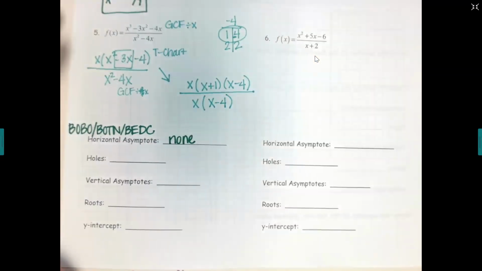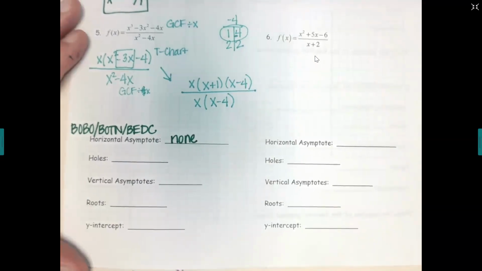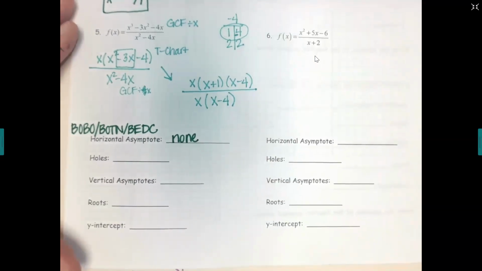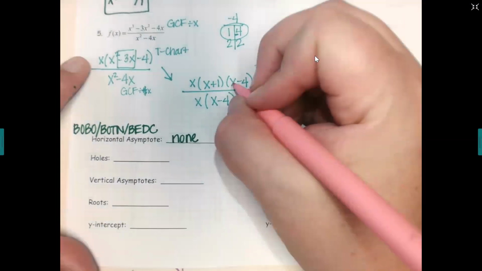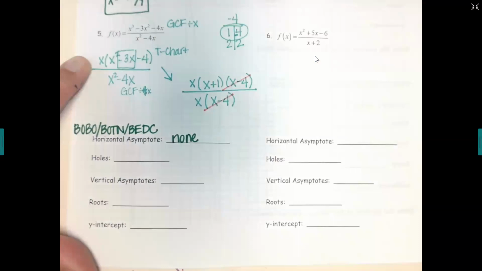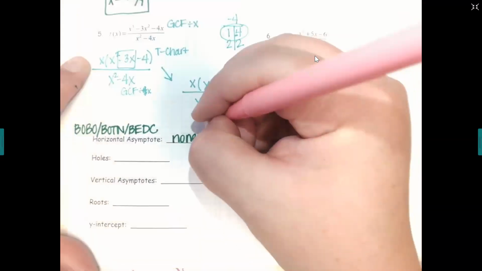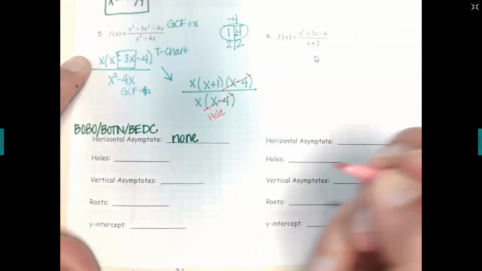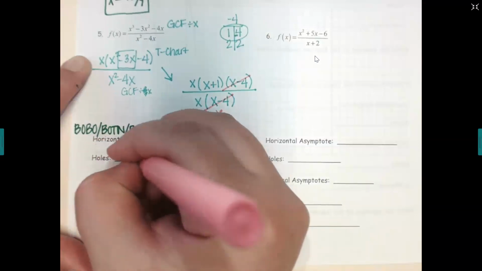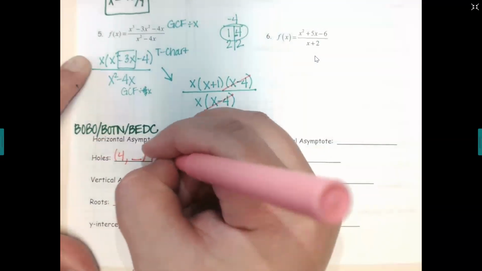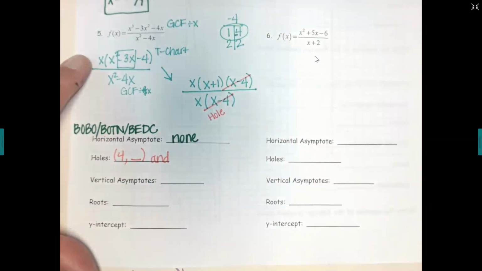Okay, then we have to just remember, what things come from where? So holes, what factors create holes in the graph? Okay, the ones that cancel out. So if I can cross out X minus 4, that means that the hole is gonna be where? At 4 comma something. And what else did we say we can cross out?